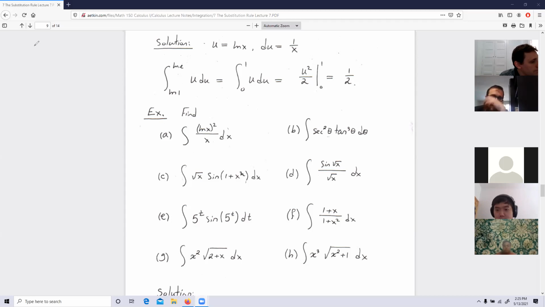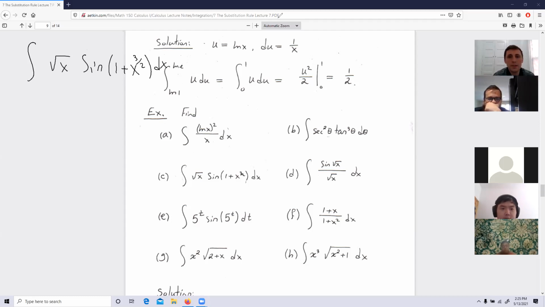Let's look at C. So we have here root x sine of 1 plus x to the power of 3 halves dx. What's missing here? What do I want to have here? I want to have here 3 halves. Do you agree?